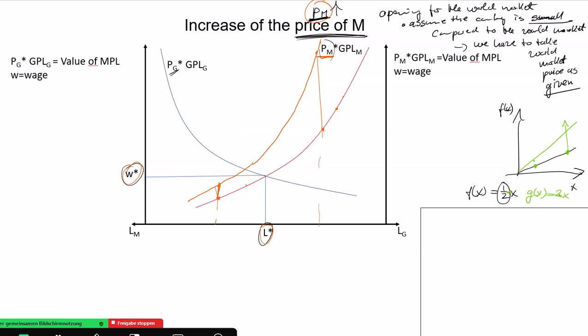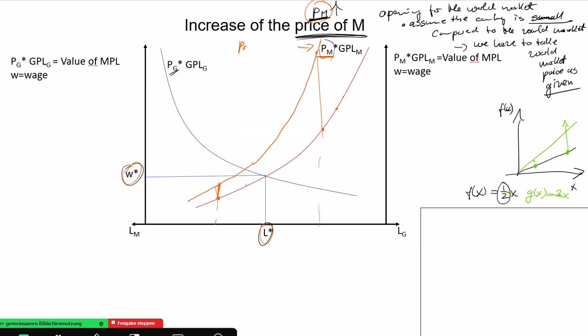So, well, and then of course, this is just the new situation. We do not have the math again. Nothing else changes. We obtain a new labor market equilibrium due to the world market prices.